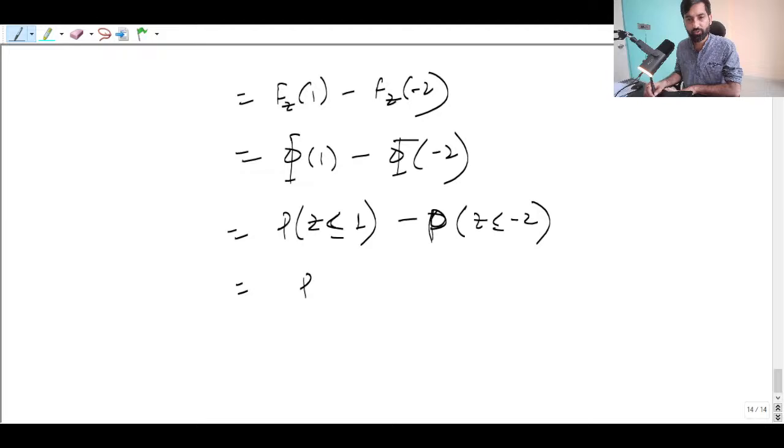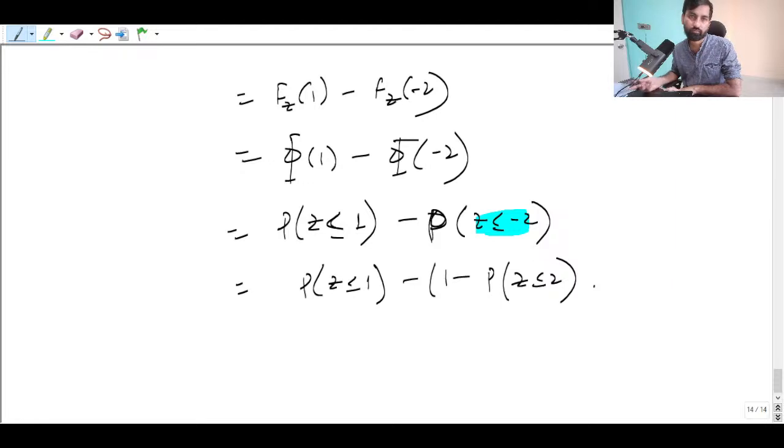But make sure that you convert this, because this is negative. A negative value of the random variable is given here, so you can write this as 1 minus the probability of Z less than 2. Very simple.